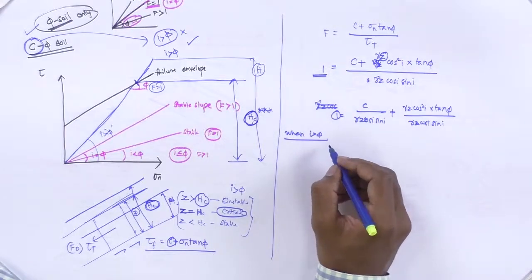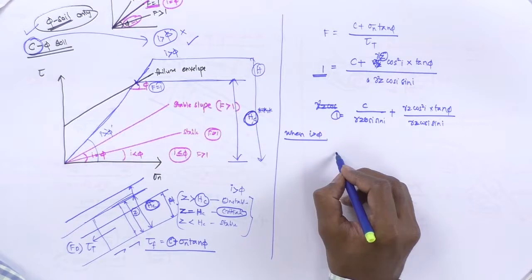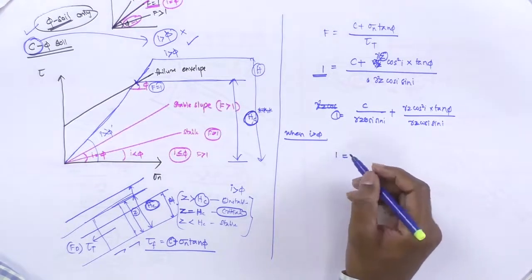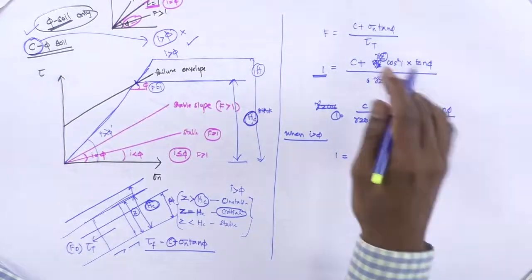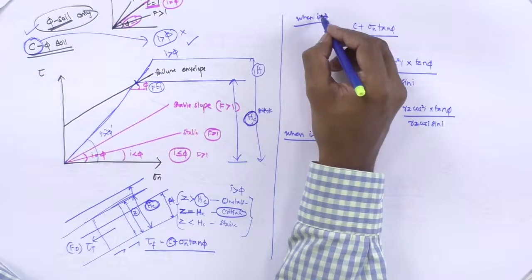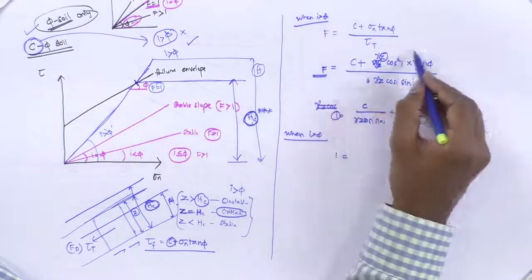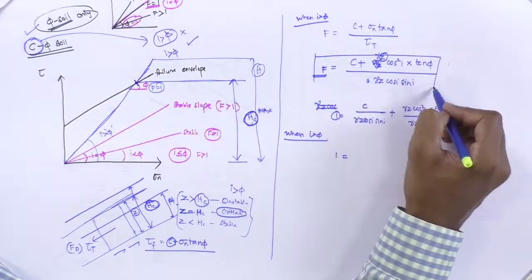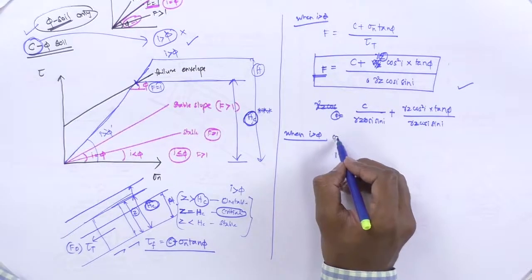So in order to replace this, 1 equals to... this is a general case, phi is greater than i. So this is the factor of safety in general format, and it is the factor of safety 1 for the critical slope.